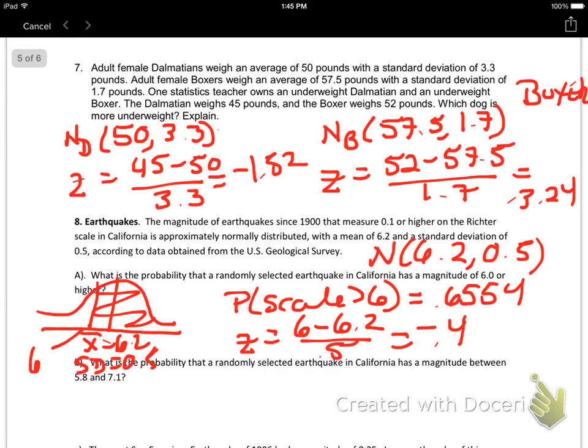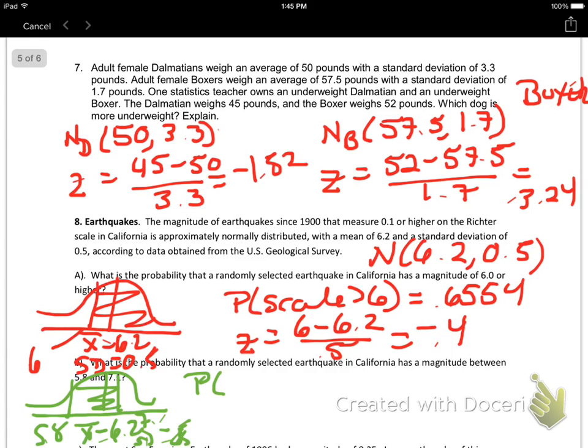Okay, now here we have one where it's between 5.8 and 7.1. Let me get another color here. Now I have to squish it in. And I've got 5.8 and 7.1.